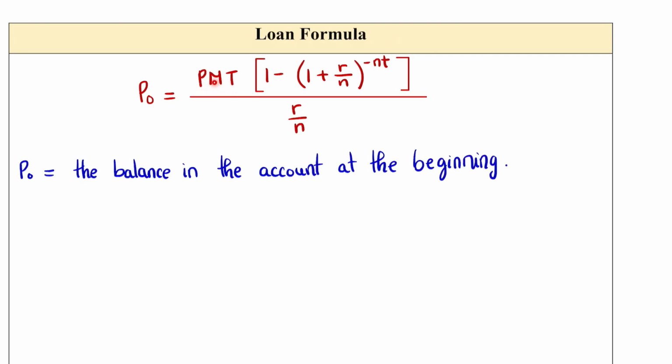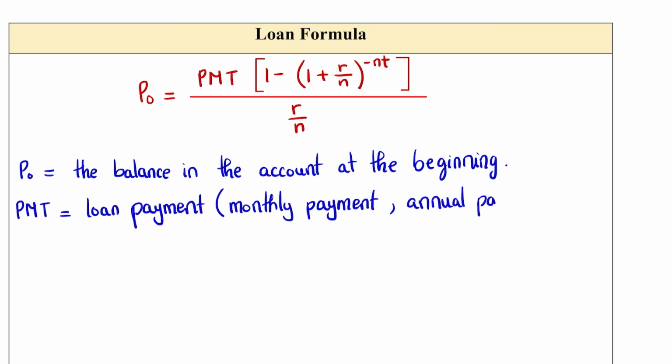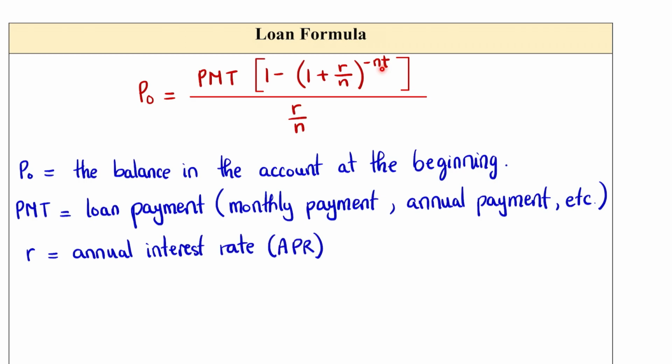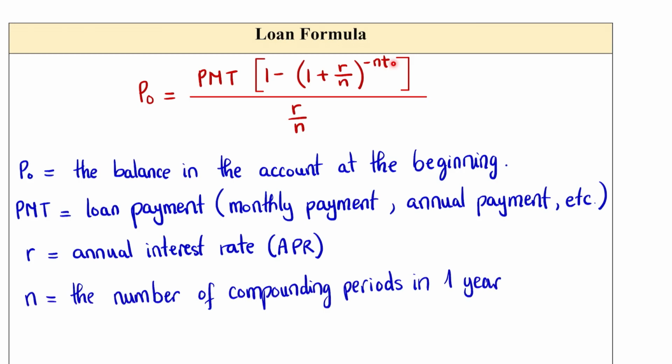PMT is the loan payment. It could be monthly payment or annual payment. R is the annual interest rate, APR. N is the number of compounding periods in 1 year. T is the number of years we plan to borrow the money.